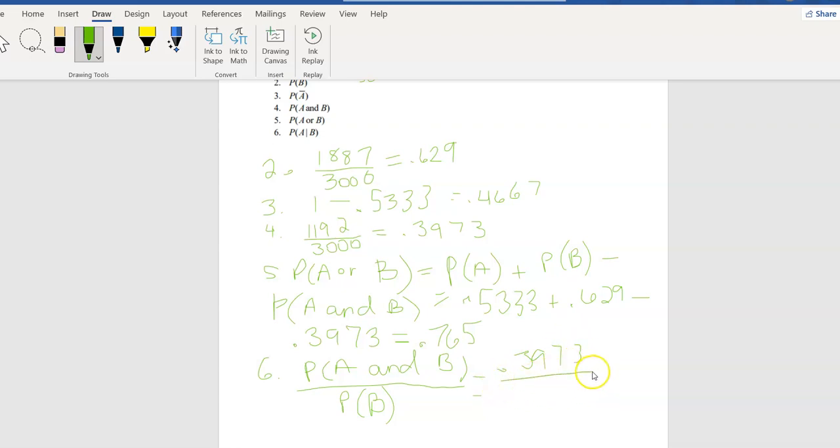And then the probability of B was, that was number 2, 0.629. And then let's just let our calculator do the work. 0.3973 divided by 0.629 gives us 0.6316. And there we have it.